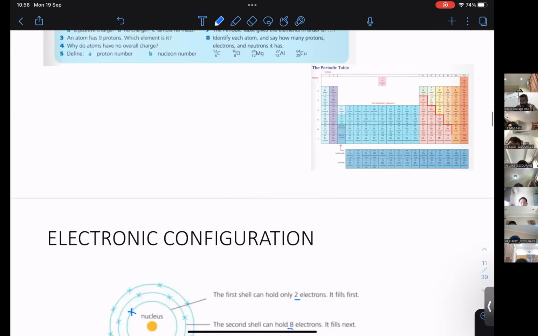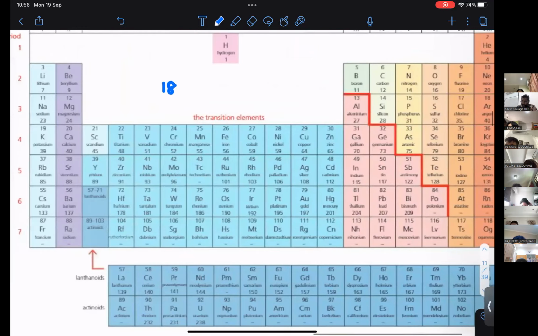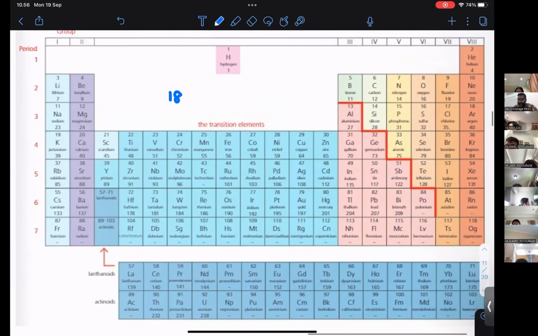And if you have 18 electrons, can someone tell me which element this belongs to? Maybe we can ask Kimberly. Kimberly, if you have 18 electrons, which element does it belong to? Argon. Yes, because argon's proton number is 18, so the electron number must also be 18.